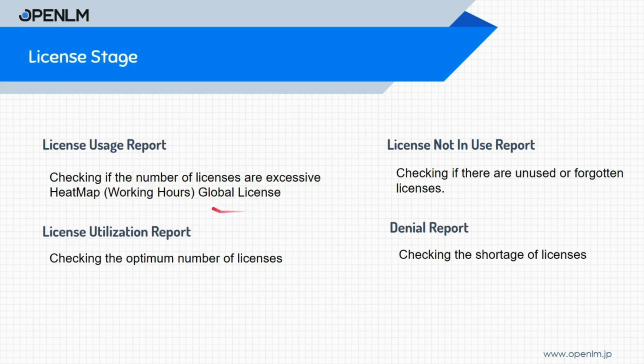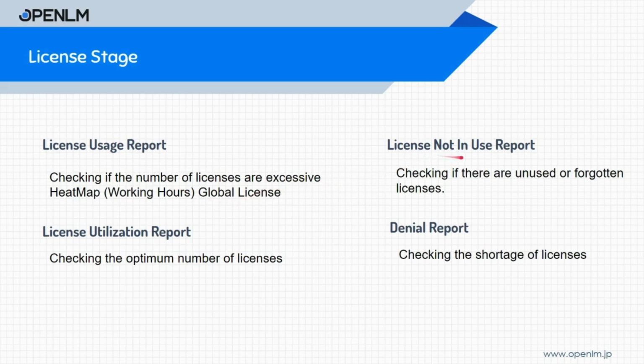So maybe one country is daytime, another country is nighttime. So you can expand your sharing. Global license is expensive, but regional license could be cheaper. So you have to think about your organization's license server deployment location with cost performance as well.